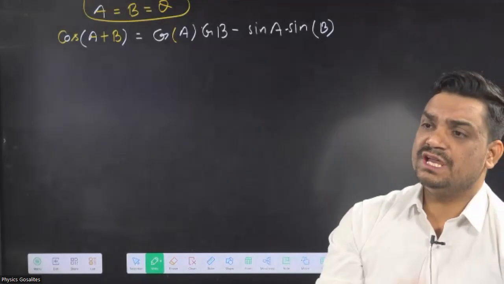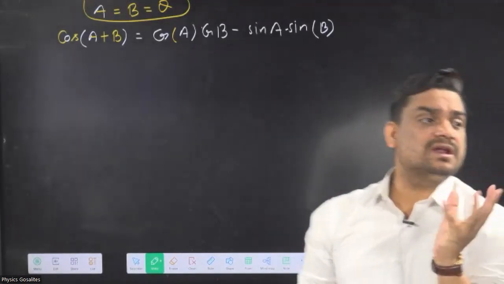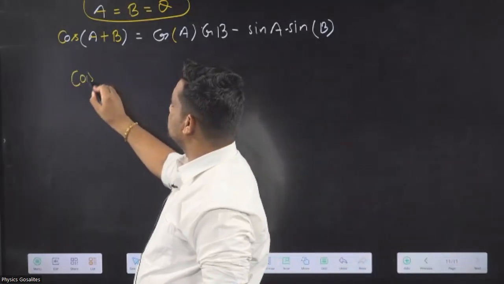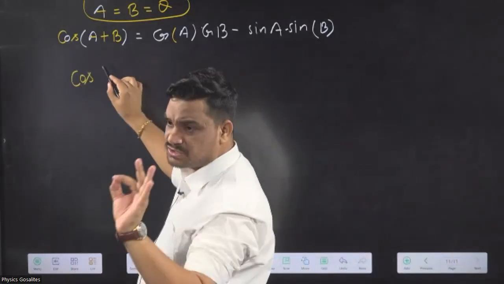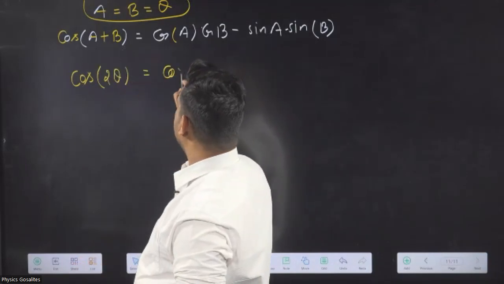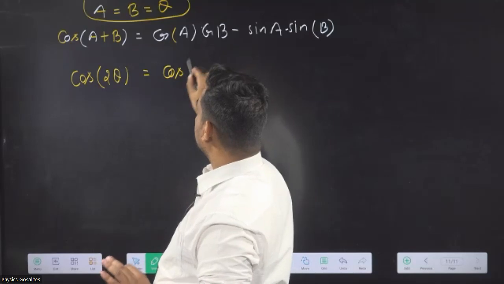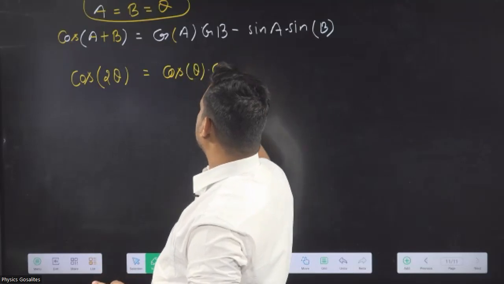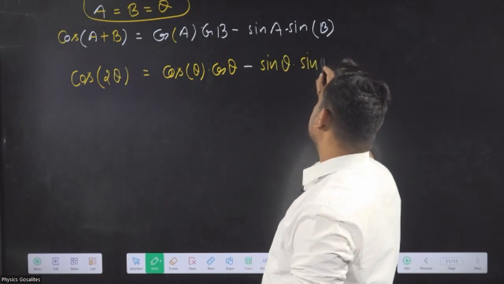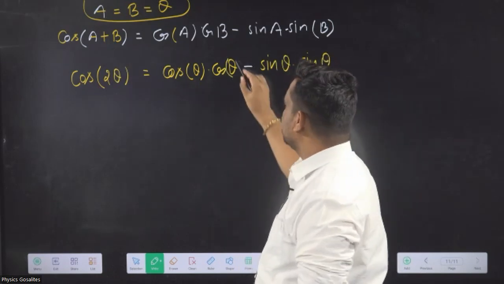If A equal to B equal to theta, what answer will you write? Cos theta plus theta becomes cos 2 theta, which becomes cos theta into cos theta, and minus sine theta into sine theta.